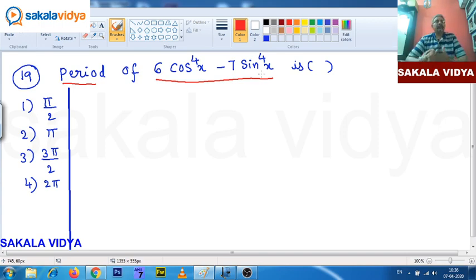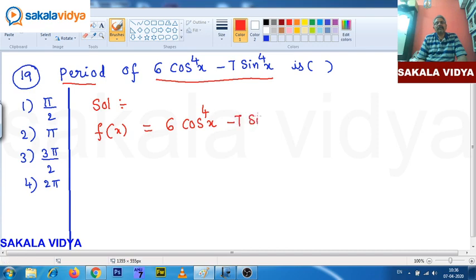Already always pi will be its period. So, first let us see the solution. f of x is equal to 6 cos x to the power of 4 minus 7 sin x to the power of 4. Let me give the clue here.